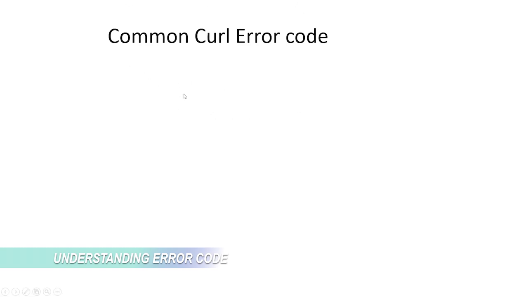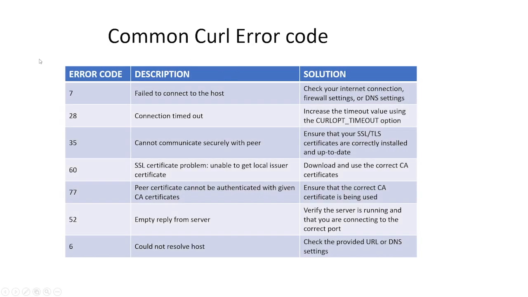However, one aspect is remaining, that is curl's error codes. What if our curl command fails? How would you get to know that curl has failed and how can we resolve this? So I have created a table of the common codes that we may encounter with curl if we are not doing things correctly.